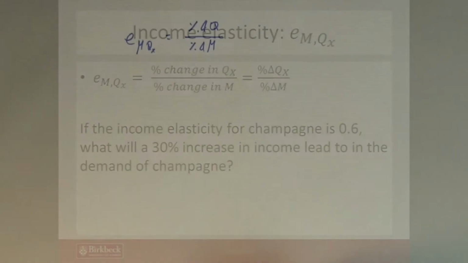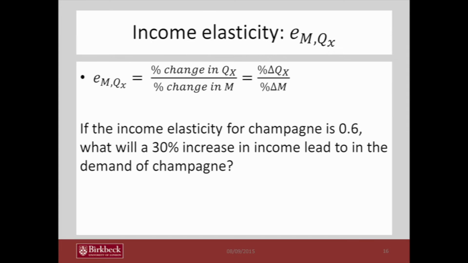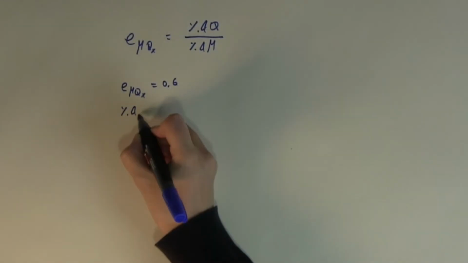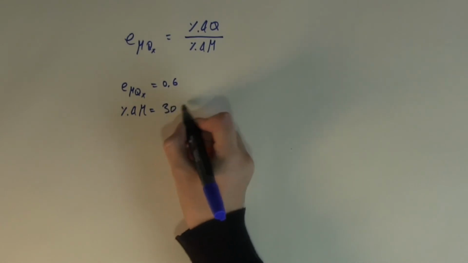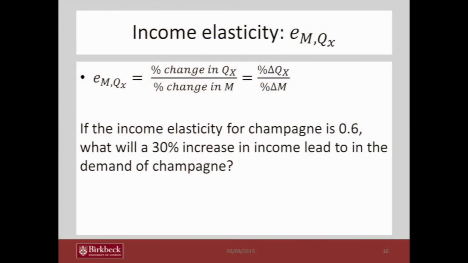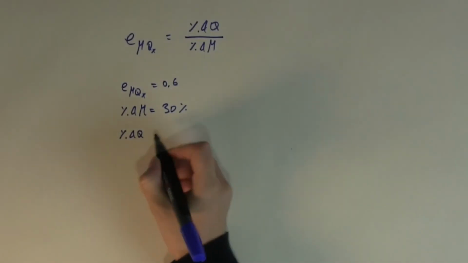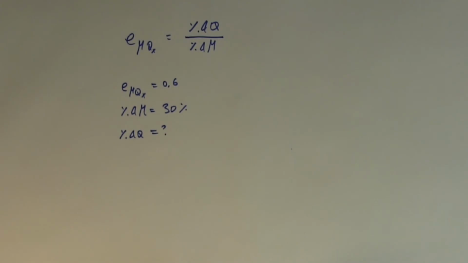So let's look at an example. If the income elasticity for champagne is 0.6, so I know that EMQX equals 0.6, then what will a 30% increase in income, so that's the percentage change in M equals 30%, lead to in the demand of champagne? So what is the percentage change in demand of the champagne?